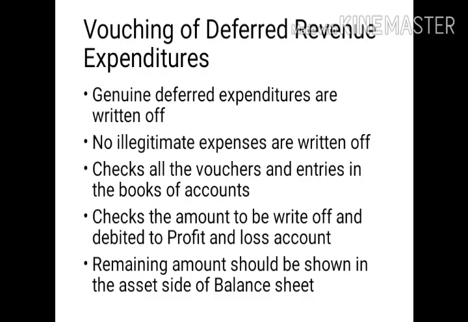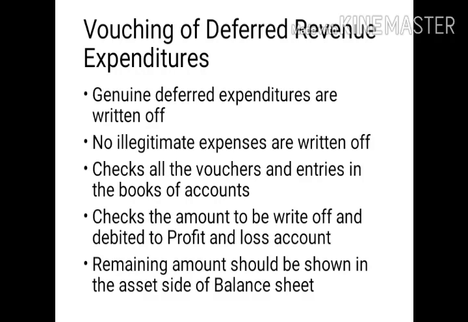Secondly, the auditor should check whether illegitimate or illegal expenses are written off over a number of years to show less profit in the profit and loss account. Thirdly, the auditor has to check all the vouchers and entries to know the correctness and accuracy of the amount which is amortized, written off gradually.